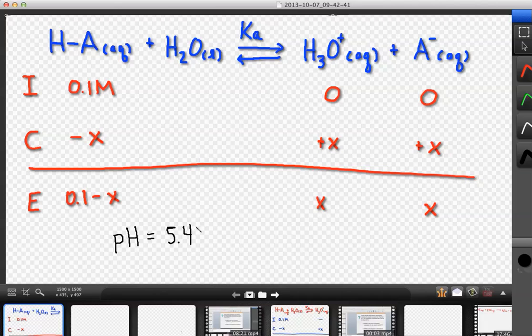And last Wednesday we discussed how we can calculate the hydronium ion concentration from the pH. Now, since X is equal to the hydronium concentration, X is going to be equal to 10 to the minus 5.43. The initial concentration of the acid is 10 to the minus 1.